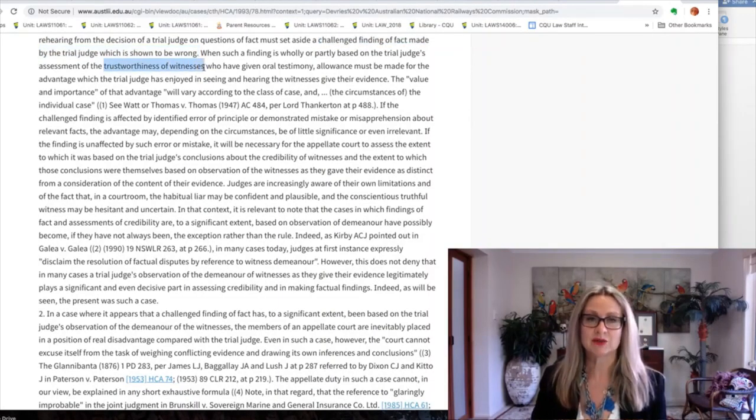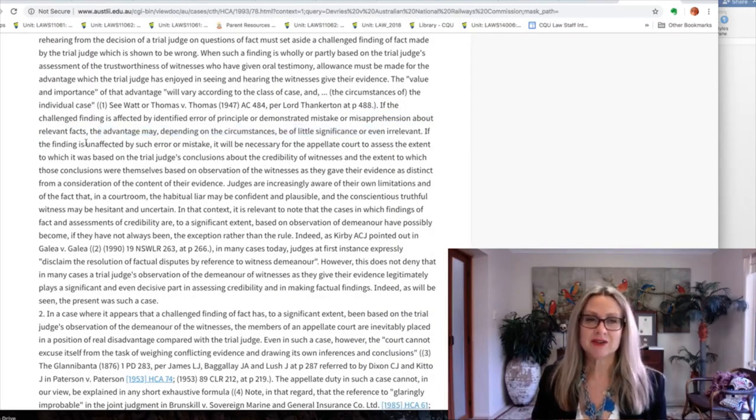When such a finding is wholly or partly based on the trial judge's assessment of the trustworthiness of witnesses who have given oral testimony, allowance has to be made for the advantage that the trial judge has in seeing and hearing the witnesses actually giving their evidence. The value and importance of that advantage may vary. Now, if the finding is affected by error of principle or demonstrated mistake or misapprehension about facts, the advantage might be fairly minimal.